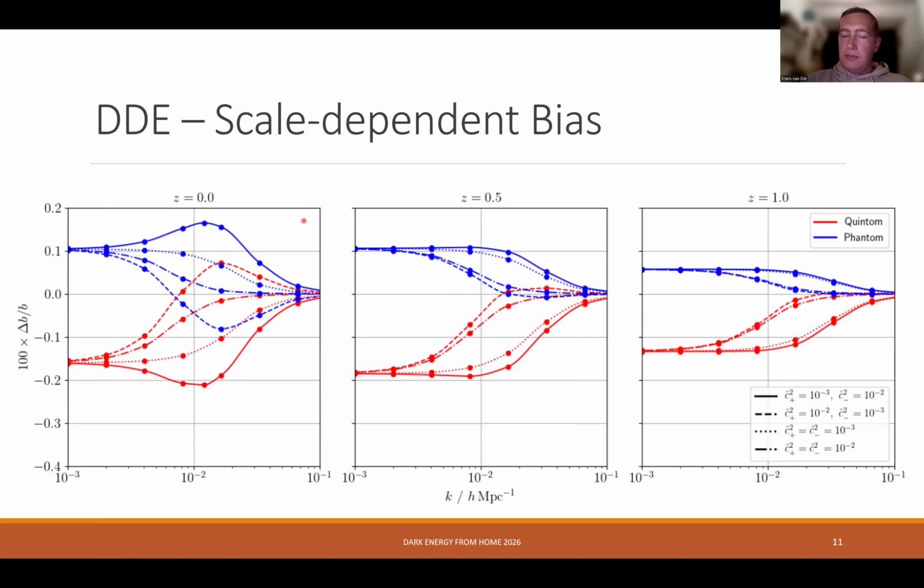And for the quinta model, both energy densities are positive. However, because we have one quintessence field and one phantom field, also there the effect is relatively different. But what we see is that, for example, as can be shown in the redshift 0 case, the solid line goes up first and then down. Well, in the quinta case, it goes down first and then up if you go from higher k to lower k.